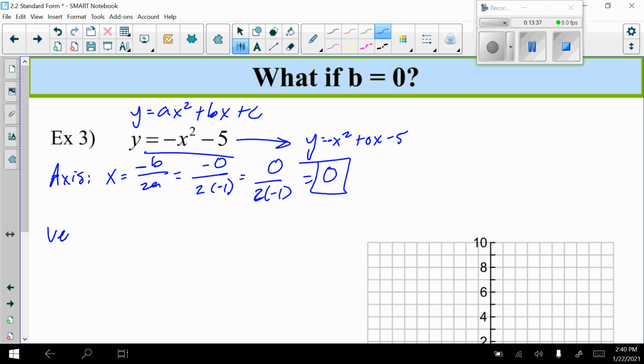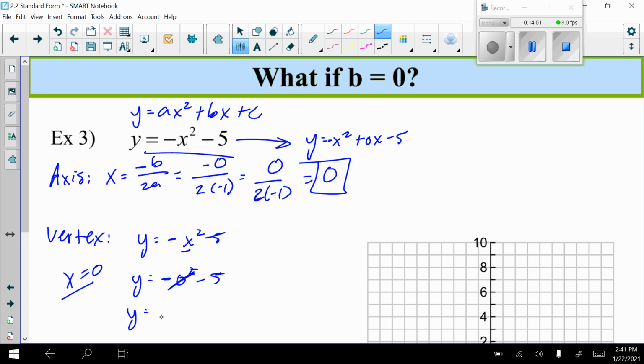So then to find the vertex, all I got to do is plug 0 into this equation for x. So I'm going to take x, I'm going to swap it out with a 0, since that was my axis of symmetry. It's going to be negative 0 squared minus 5. But again, that is not very interesting, because 0 squared is just 0.